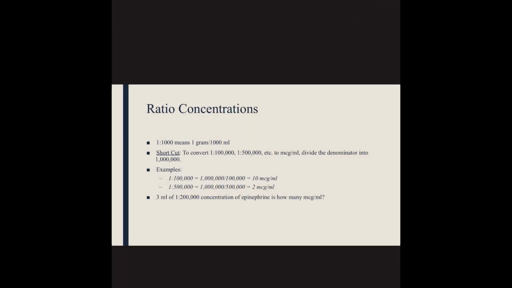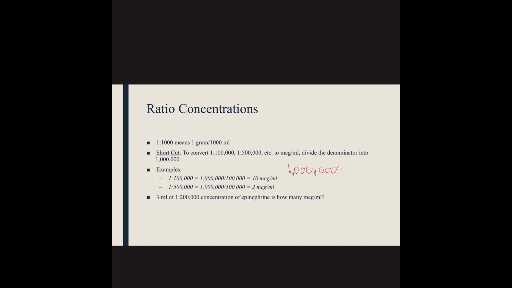Okay, so this next problem is talking about ratio concentrations like lidocaine and local anesthetics, and it says that 1 in 1,000 means 1 gram in 1,000 milliliters. So a shortcut is to ask how many times it converts in a million, which I will explain why that works. So we know that 1 gram is equal to 1 million micrograms, because 1,000 times 1,000 is a million.